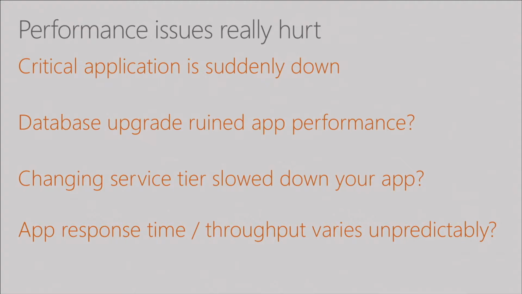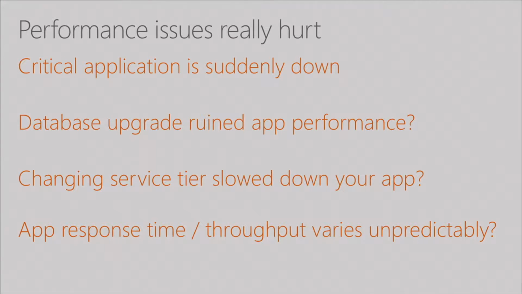For instance, you upgrade the database platform because you expect better performance and scalability, and then you end up in a situation where your application actually behaves worse than previously. Also in Azure SQL Database, when you scale up or scale down your database, using different service tiers, you can experience different and strange performance issues.